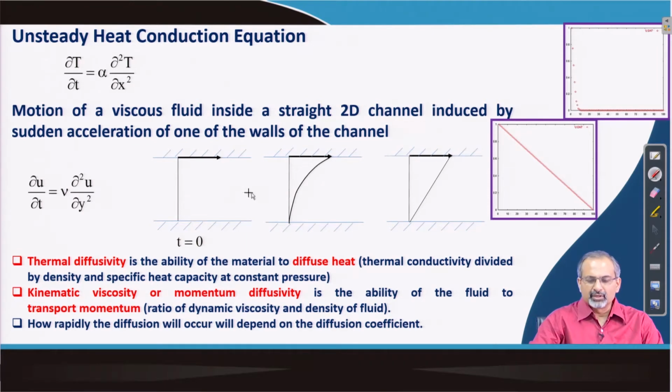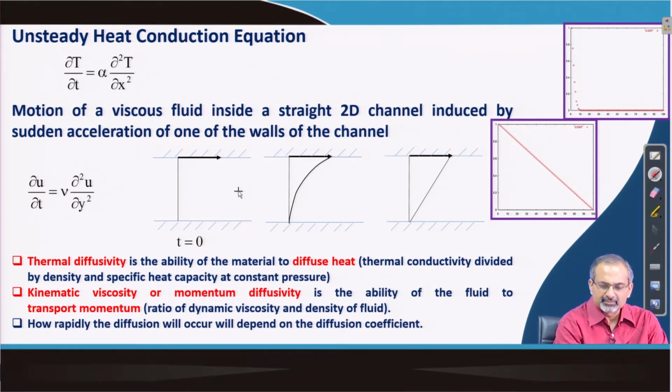So, we initially say that this fluid which is confined within this gap is at rest, that is at t equal to 0, the fluid is at rest, and then at t equal to 0 plus we make one of the plates move.